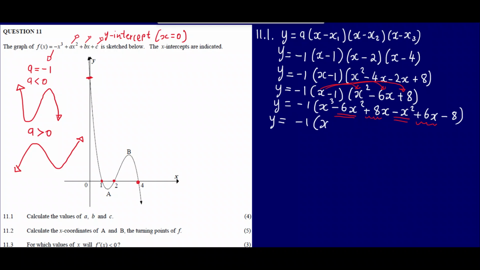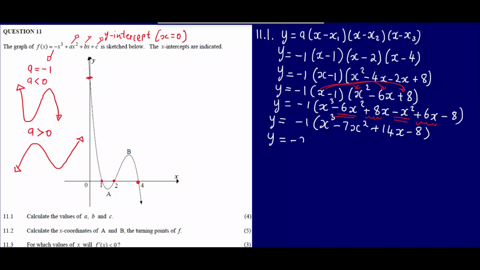And now you will see that we'll get x³, and this one will be negative 7x, those like terms, negative 7x squared, and this one will give us positive 14x minus 8.